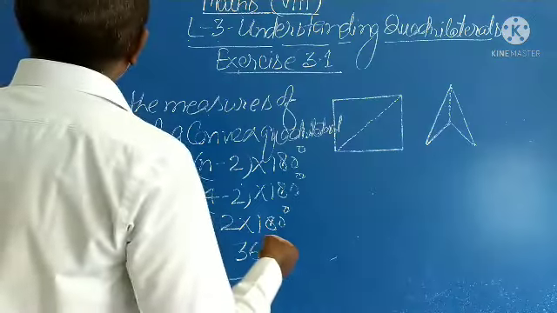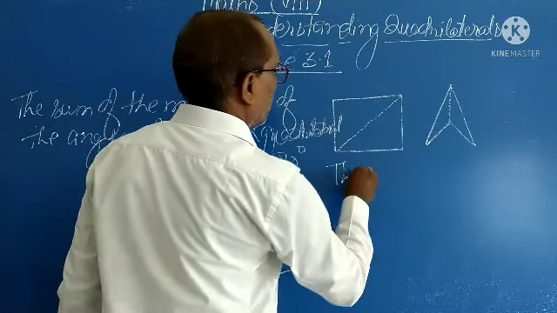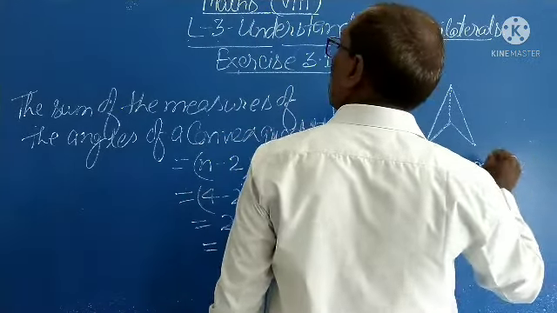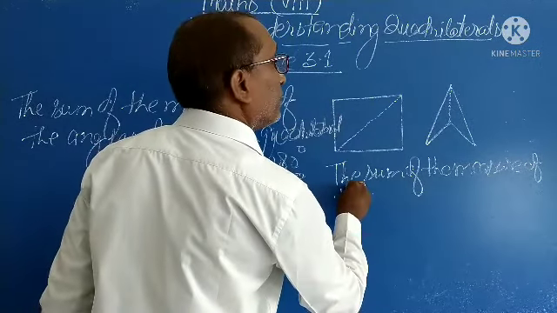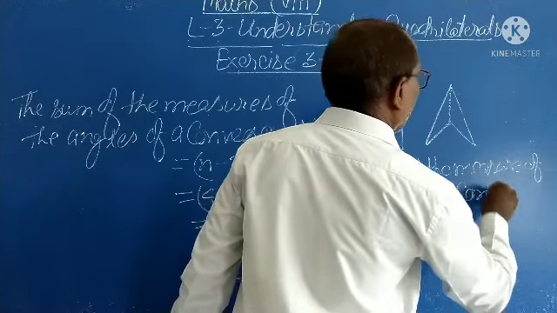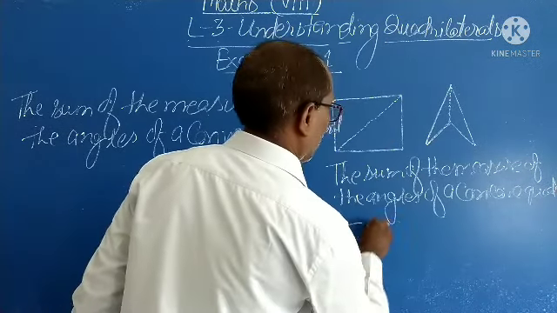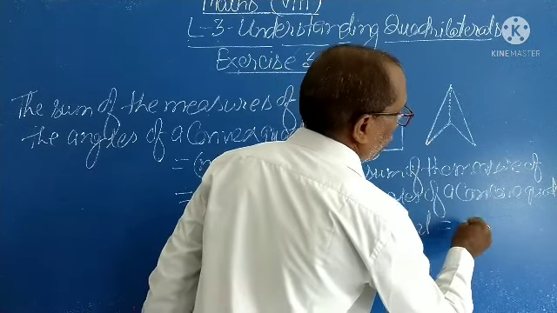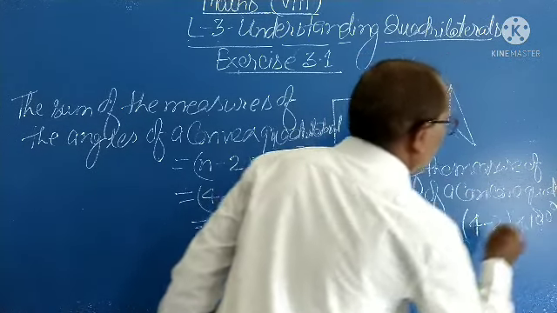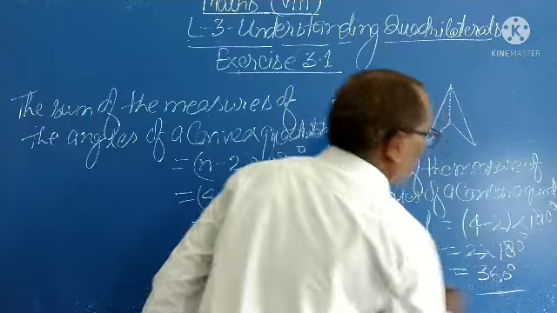You write down: the sum of the measures of the angles of a concave quadrilateral is equal to (4 minus 2) into 180, that is 2 into 180, means 360 degrees.